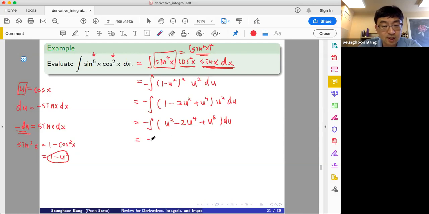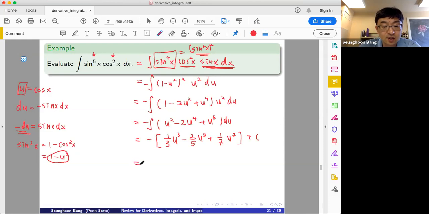So next, keep the negative and find the antiderivative. The integral of u squared is 1/3 u cubed. This is minus 2 over 5 u to the 5, plus 1 over 7 u to the 7, plus c.